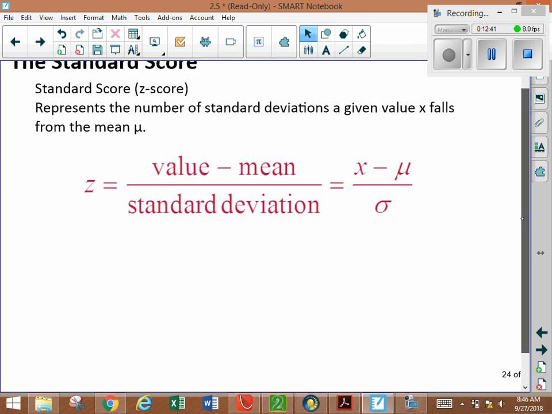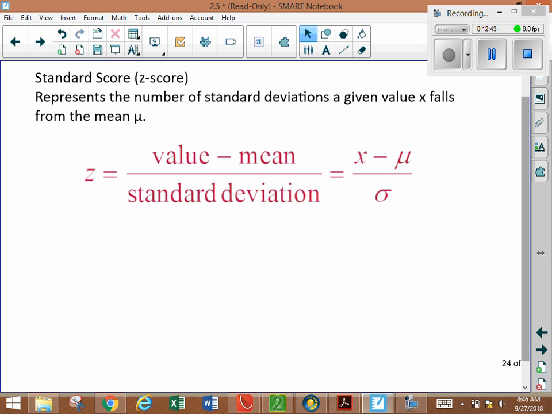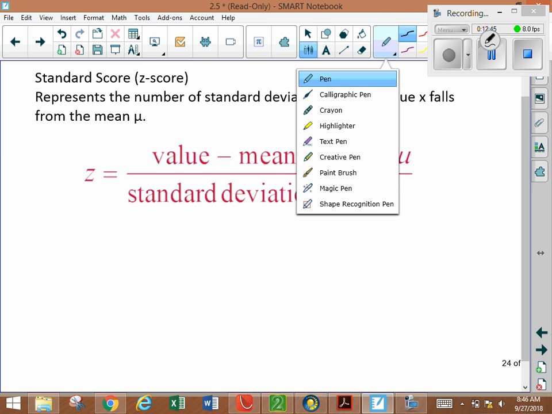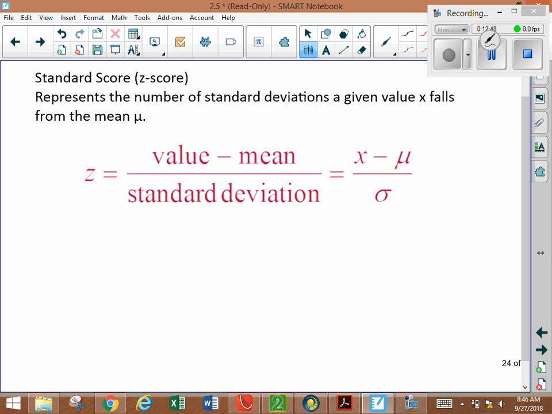I'm going to draw that picture. So we have a normal curve, okay? This right here is a normal curve, or you could call it a normal distribution.